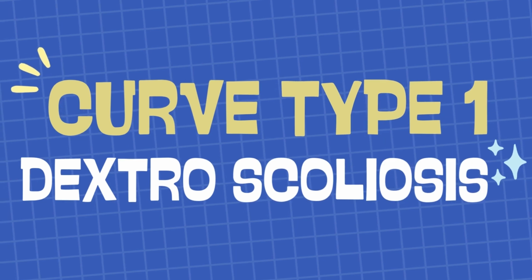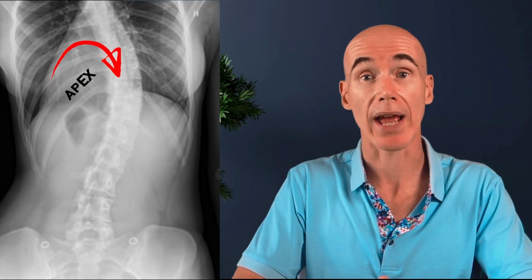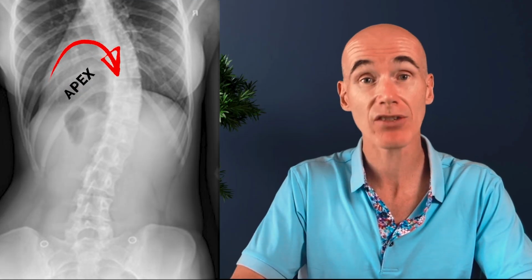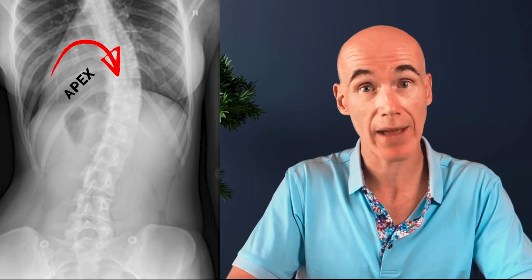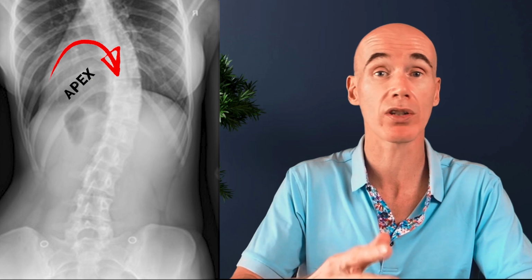Okay, now let's have a closer look at each curve, and I'm going to explain the language most commonly used on x-ray reports. So this curve will be called a dextroscoliosis. Dextro means right, as the curve is referred to by the side of the convexity, which is also known as the long side or the apex.